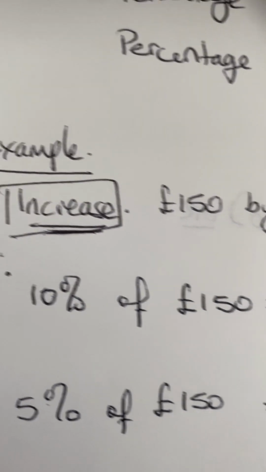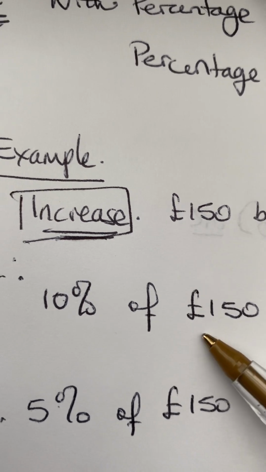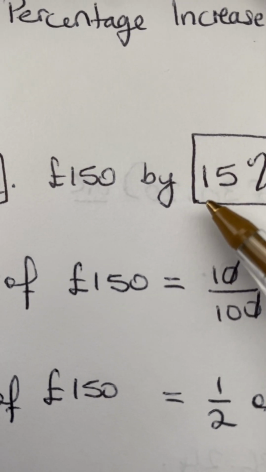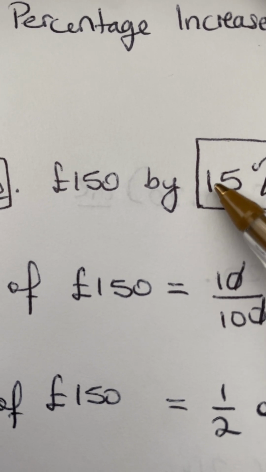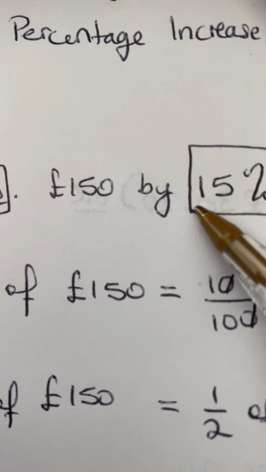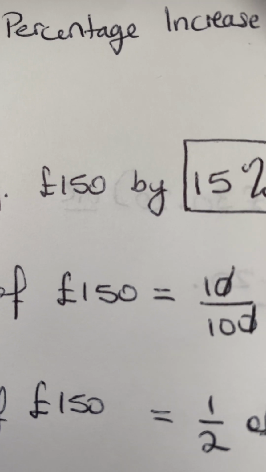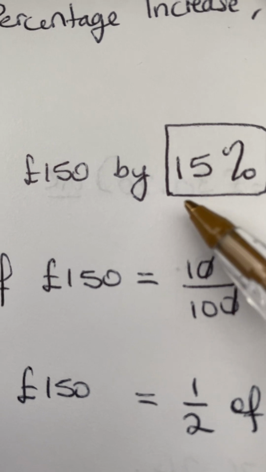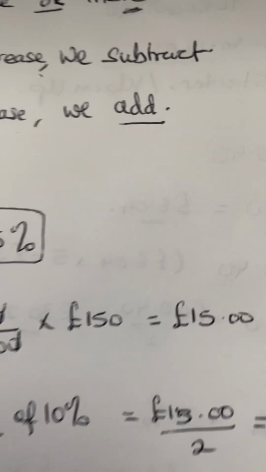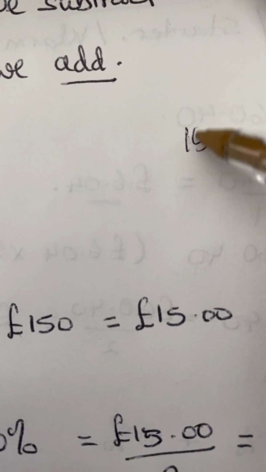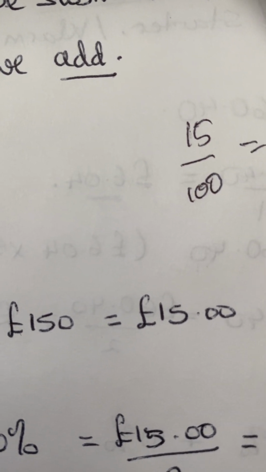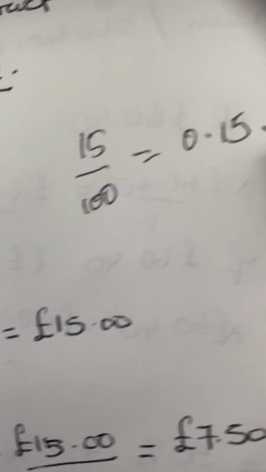Now here, if you are working with the calculator, straight away you can do it. We said 15% is 15 out of 100. So if you want to use the power of 10, 15% like this is the same as 0.15 as a decimal.